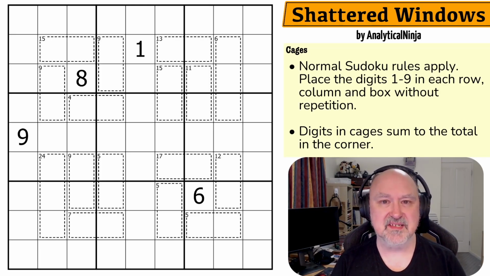Yet the mathematics involved in this type of Sudoku is actually something that has been working in some schools. So just calling it cages is something that we've been doing, in case you're wondering why this is happening.